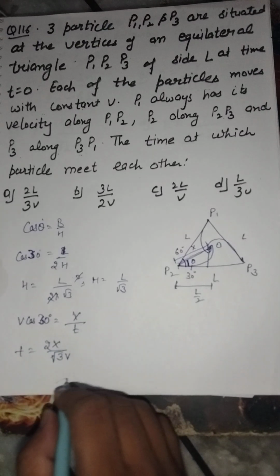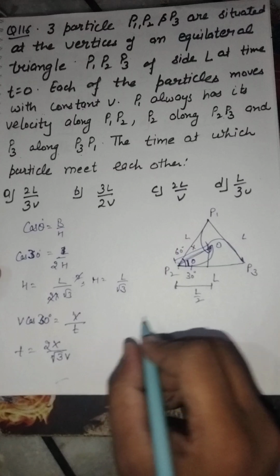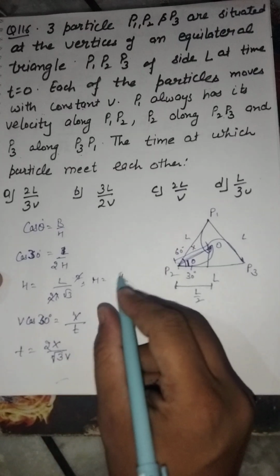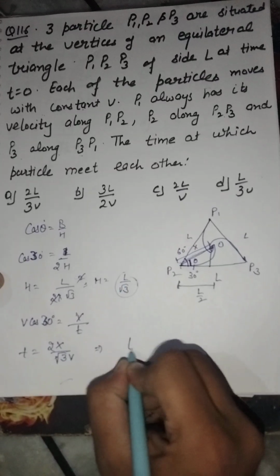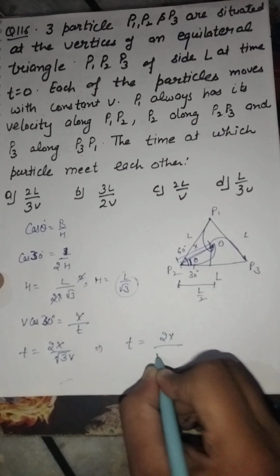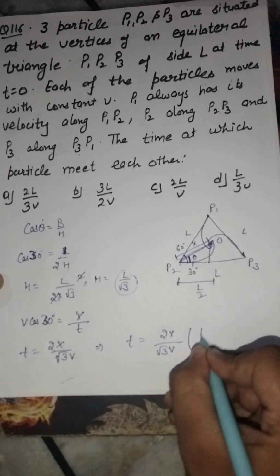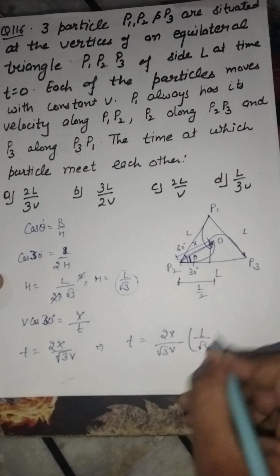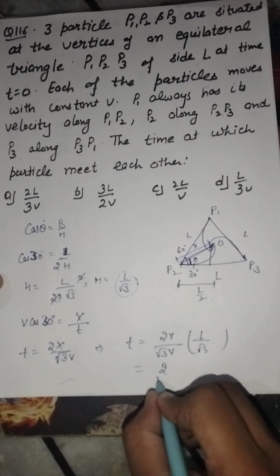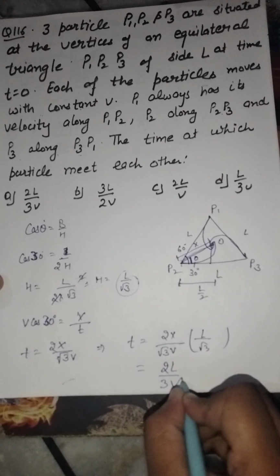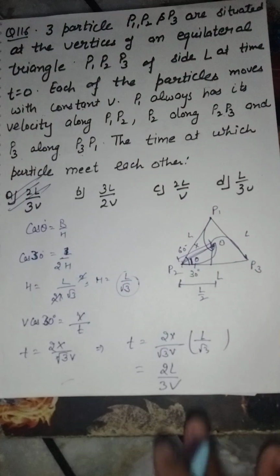Now we want to find the value of x. x is equal to L by root 3, so t is equal to 2x upon root 3 v, which gives 2L by 3v. So the time comes out equal to 2L by 3v. So our option A is correct.